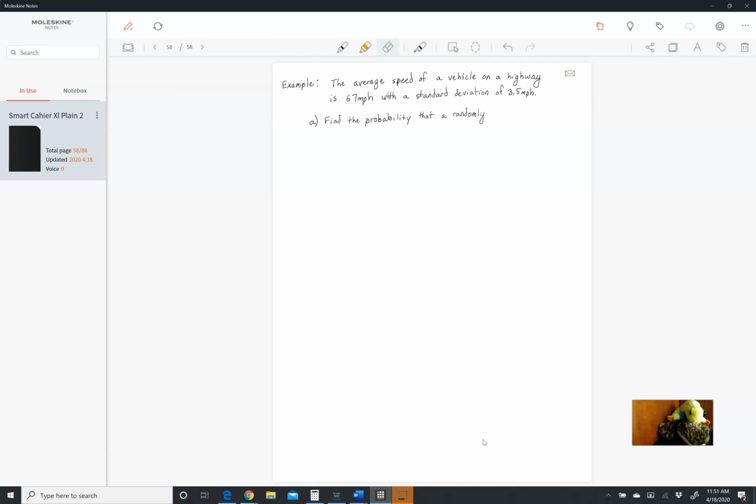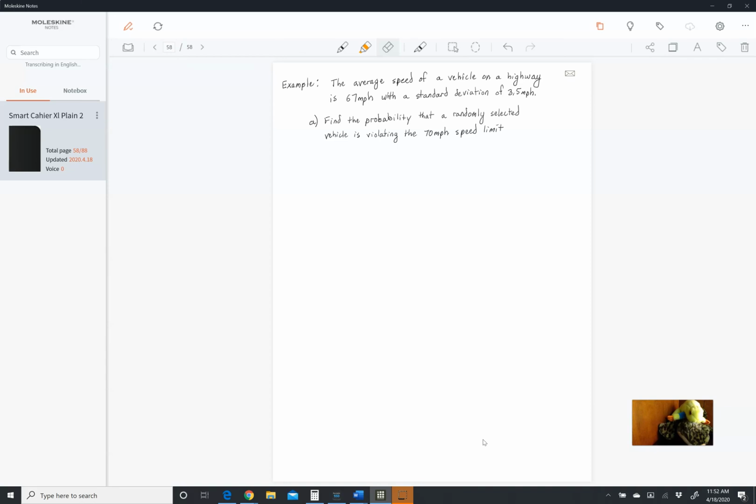So a randomly selected vehicle is violating the 70 mile per hour speed limit. So think about what this means. This means we need to find the probability that someone is going faster than 70 miles per hour.